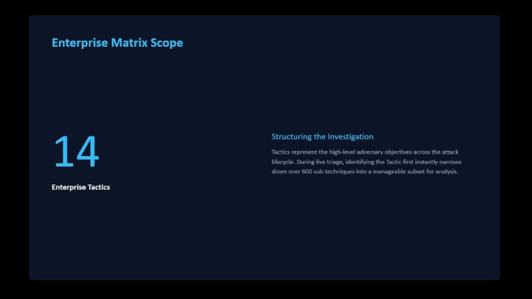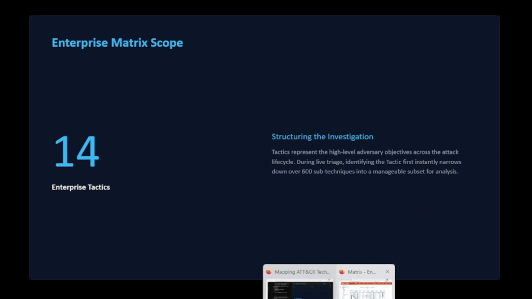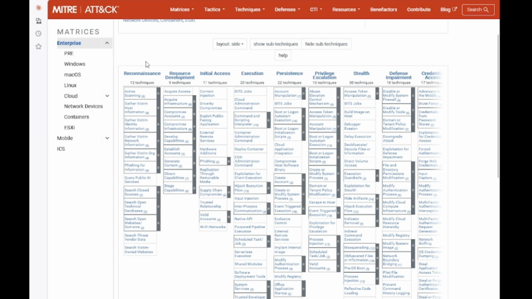If you're doing, say, a live triage, you're looking at a system, identifying these tactics immediately can narrow down the over 600 sub-techniques into a more manageable subset for analysis. And you'll get to see that right now as we come back over here and we look at the MITRE ATT&CK matrix.